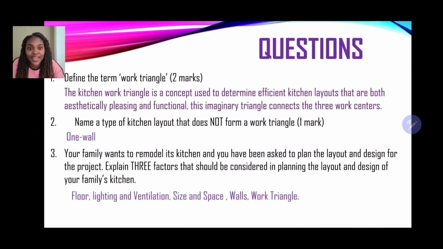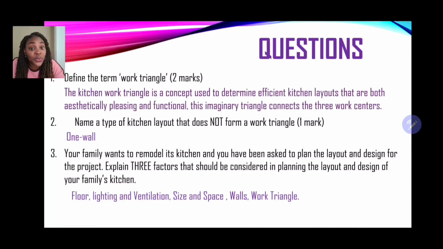And 3, your family wants to remodel its kitchen, and you have been asked to plan the layout and design for the project. Explain 3 factors that should be considered in planning the layout and design of your family's kitchen. Now I have listed here floor, lighting and ventilation, space and size, walls, and also the work triangle.